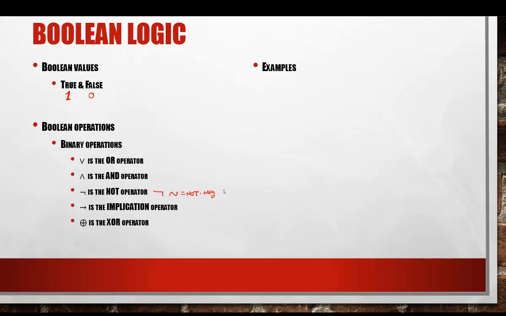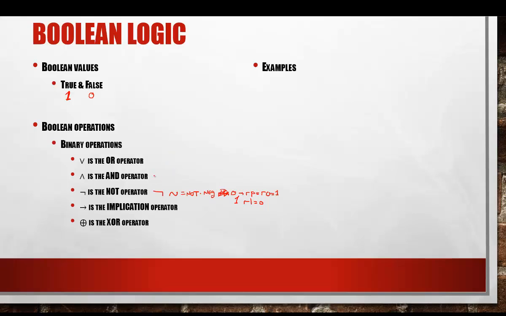It means that if you have an operand p, a logical statement, a Boolean value, and you negate it, then the not of p is going to be switching the states. So if p was 0, then the not of 0 will be 1. If p was 1, then the not of 1 will be 0. So it basically swaps your logic.